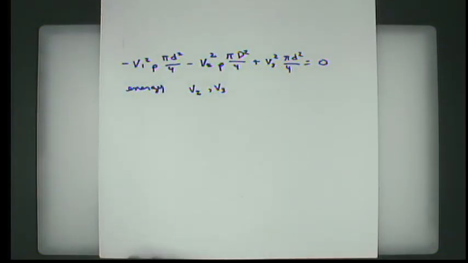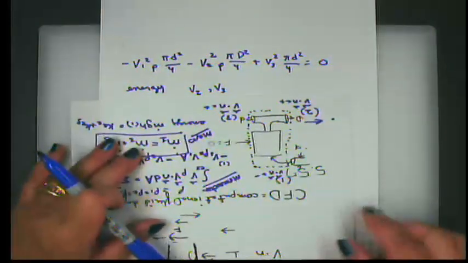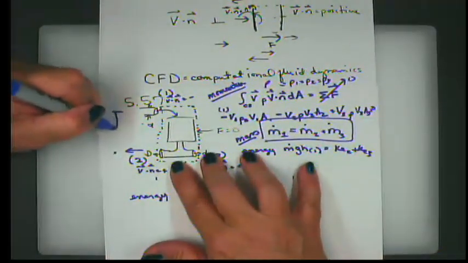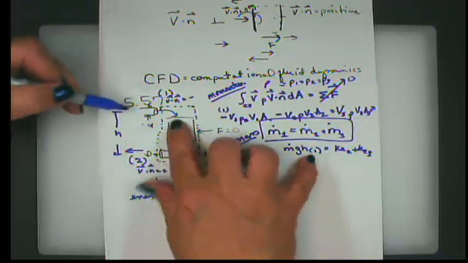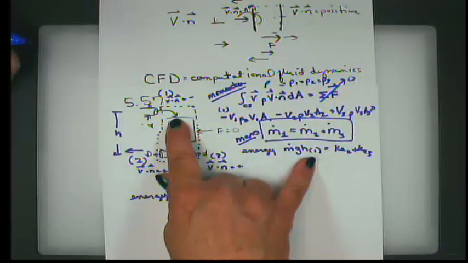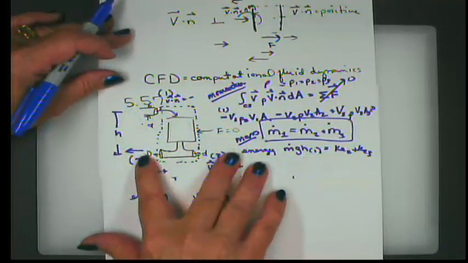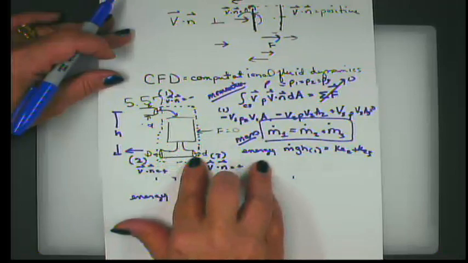I'm not going to redraw this, but the picture doesn't tell us what this height is, but we can just call it height. And what we can see in terms of conservation of energy is that the flow rate coming in here has some potential energy, and it's going to become kinetic energy at the bottom.